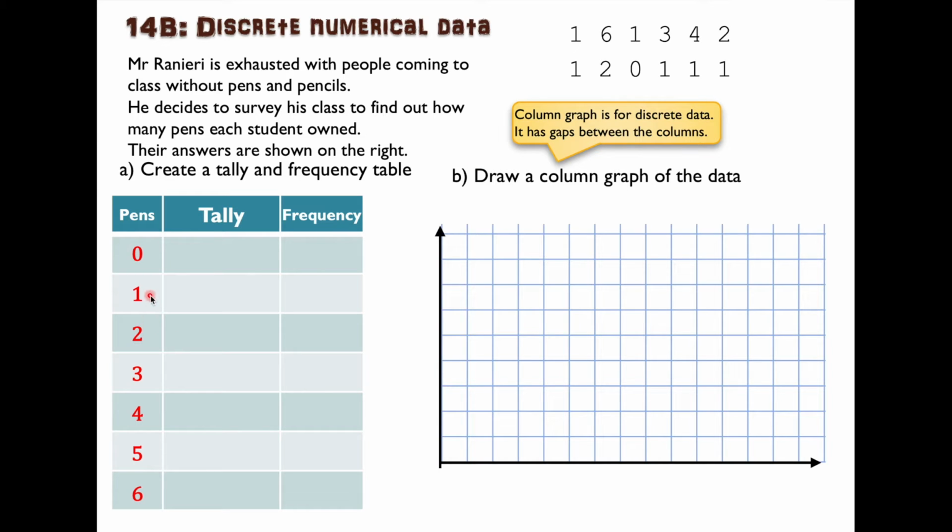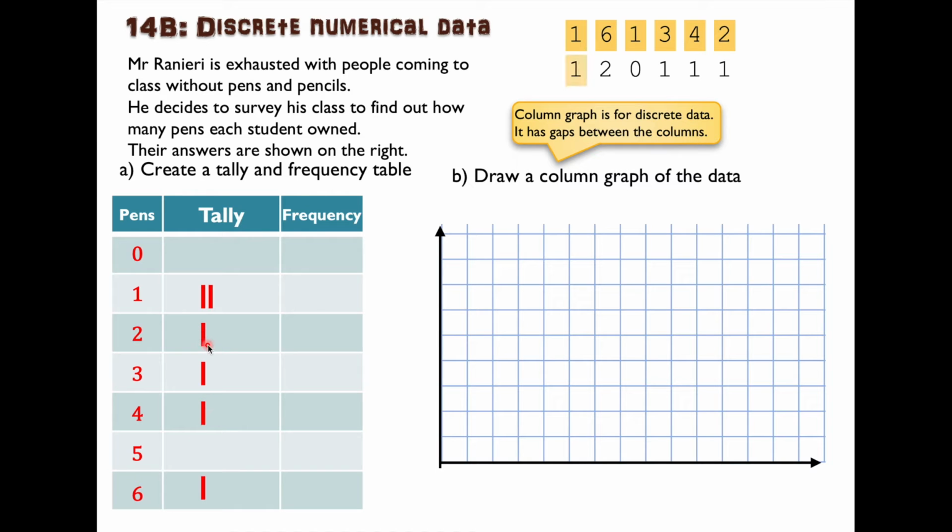The way we do it is the first person said they have 1 pen, so we can put a tick or a line on the 1. The next person said they have 6 pens, so we'll put a line on the 6 pen tally. Next person says 1 pen, so I'll put another line there. Next person says 3 pens, so I'll put a line here. Next person said 4 pens, so I'll put a line here.